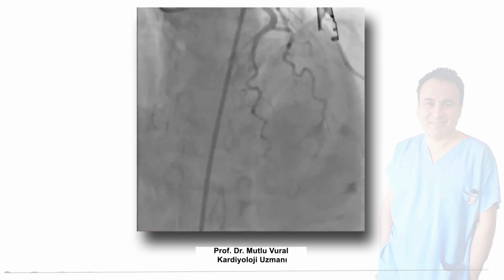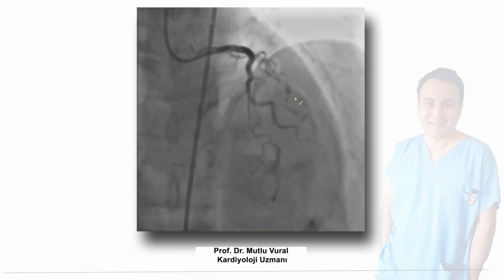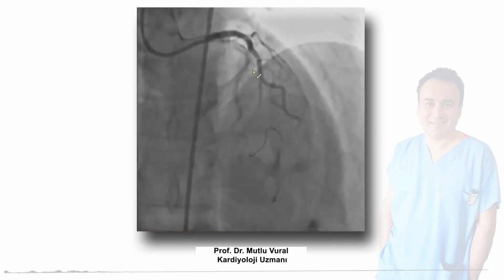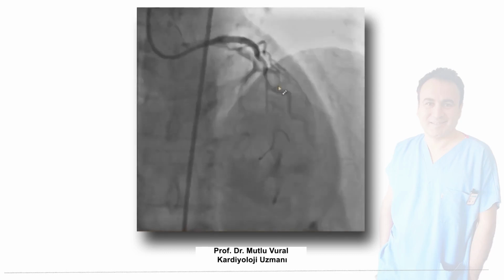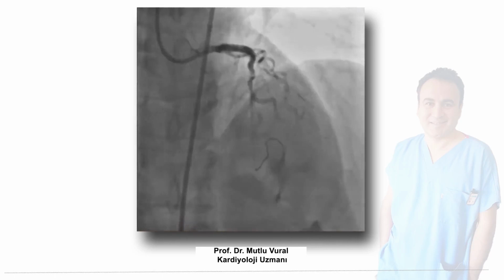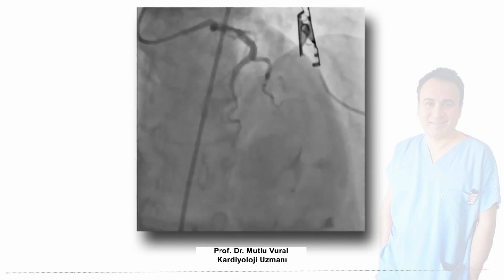I believe it will prevent the tamponade and surgery in this patient. We may put graft stent from circumflex to the OM branch to prevent tamponade in this patient.